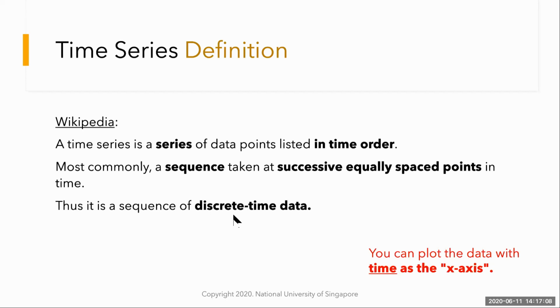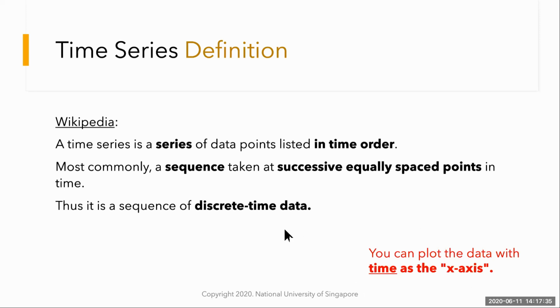So it's not continuous time, but it's every so few intervals. A shortcut I like to keep mentally is if you can plot the data with time as the x-axis, then it could be an indication that it's a time series. Keep that in mind when you think about time series.